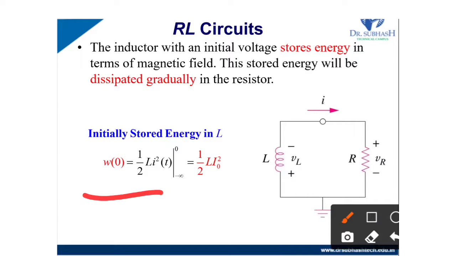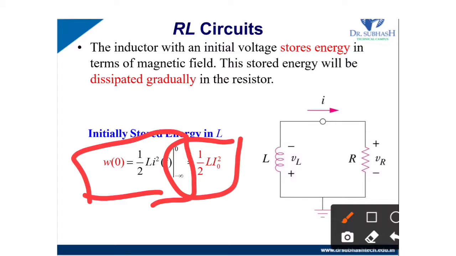The limit is minus infinity to 0, from previous time up to the present, and that stored energy will be dissipated gradually in the resistor. It is 1 by 2 L I0 square.